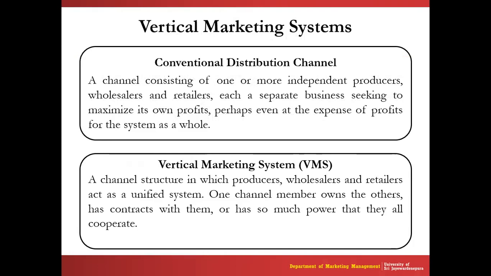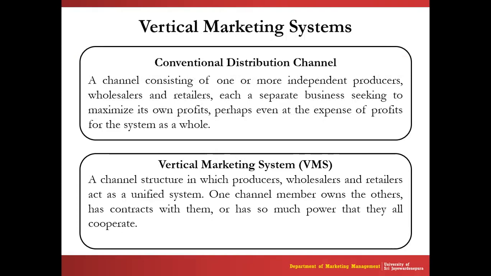There can be one or two level intermediaries, and they are independent of each other. A conventional distribution channel is a channel consisting of one or more independent producers, wholesalers and retailers, each a separate business seeking to maximize its own profits, perhaps even at the expense of profits for the system as a whole.